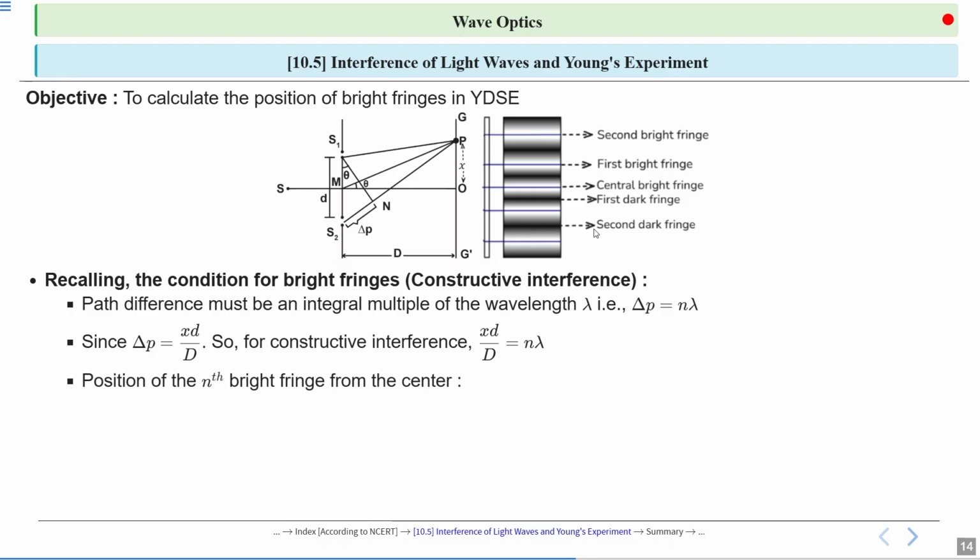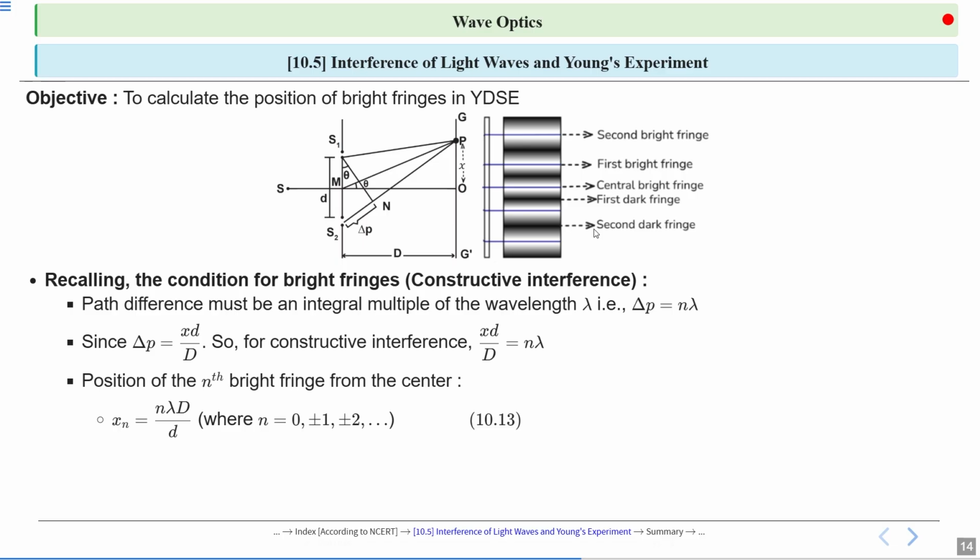Okay, so next we determine the position of the nth bright fringe from the center. The formula for the position of the nth bright fringe, that is xn, is equal to n lambda capital D upon small d, where n is equal to 0, plus minus. Why plus minus?